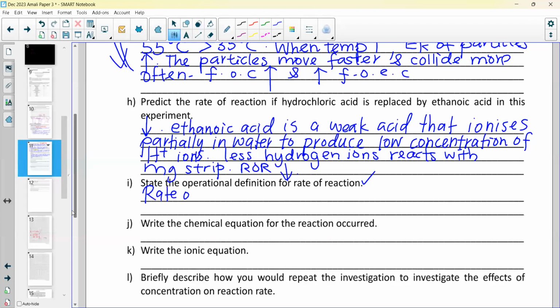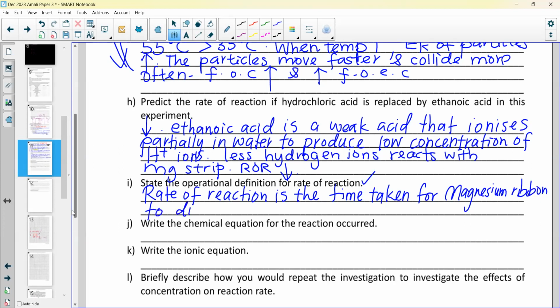Rate of reactions is the time taken for magnesium ribbon, cannot put Mg, must spell it out, for magnesium ribbon to dissolve in hydrochloric acid.